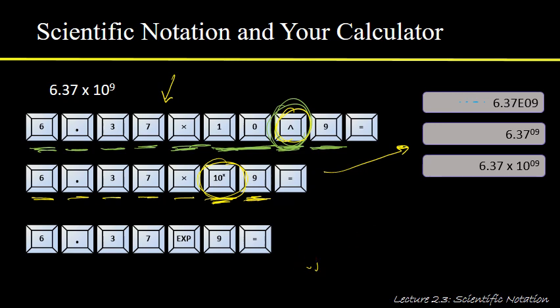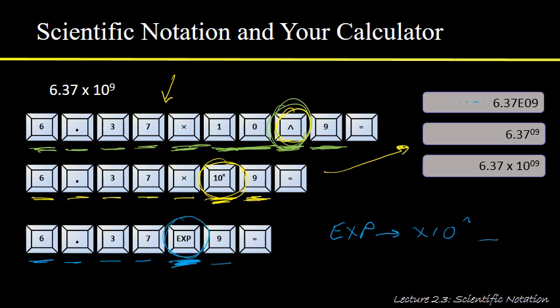And the way this notation works is you type into your calculator 6.37 EXP 9. And this EXP button means times 10 to the whatever comes next.